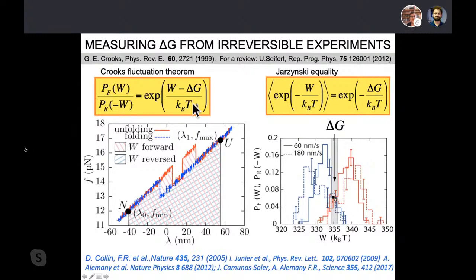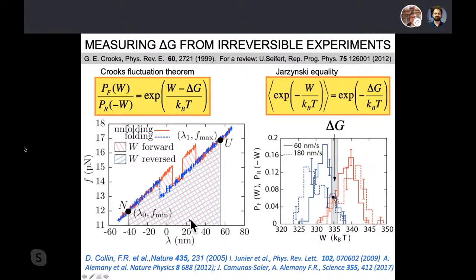So one prediction of this Crooks theorem is that these distributions should cross at the same value, irrespective of the pulling speed. And this is what I show here, with this gray narrow range of work values, which gives you an estimate of delta G.